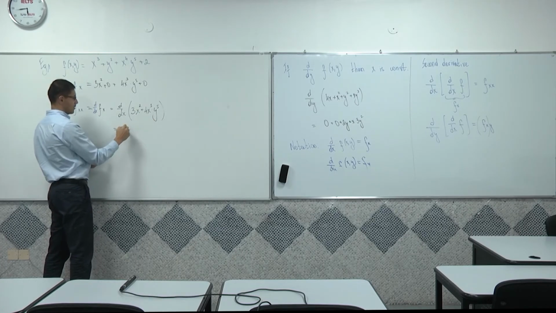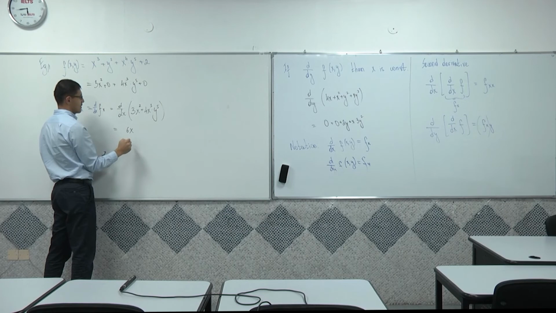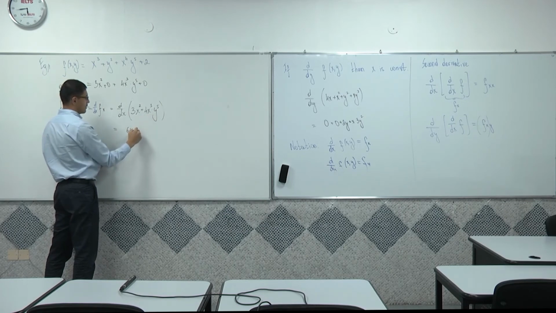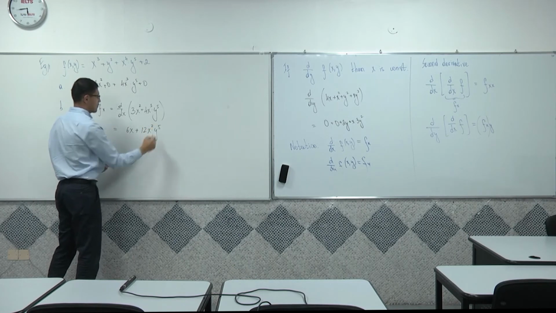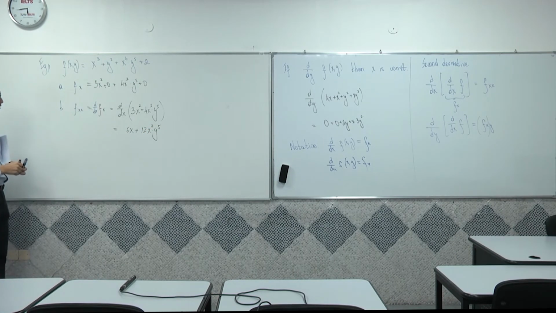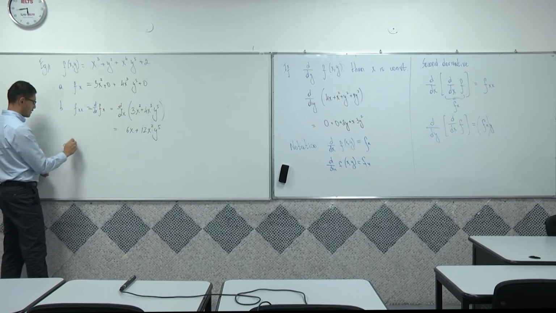If I take the derivative again, I'll get 6x, and here we get 12x squared y to the power 5.